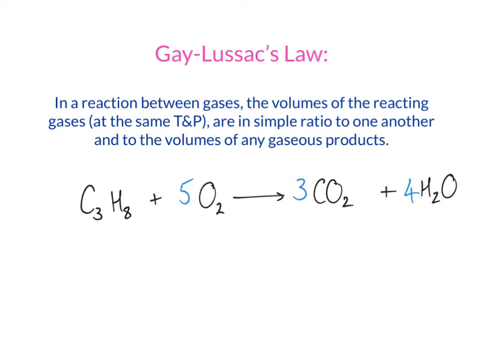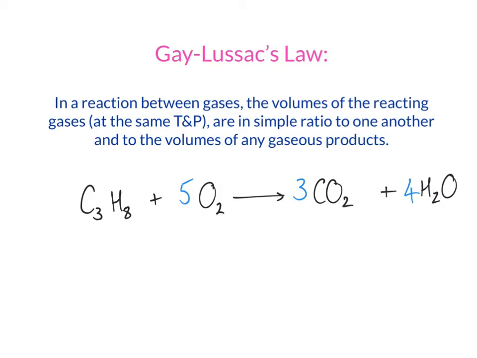And we can interpret that as 1 mole of propane reacts with 5 moles of oxygen to give 3 moles of carbon dioxide and 4 moles of water. But because of Avogadro's law, essentially 1 mole of any gas at room temperature and pressure occupies a volume of 24 decimeters cubed.